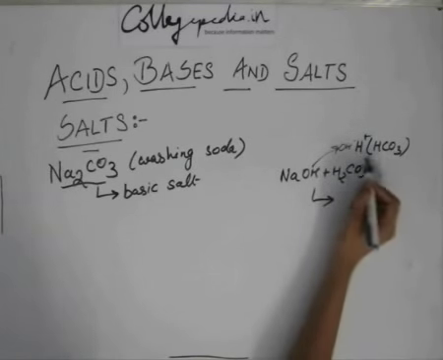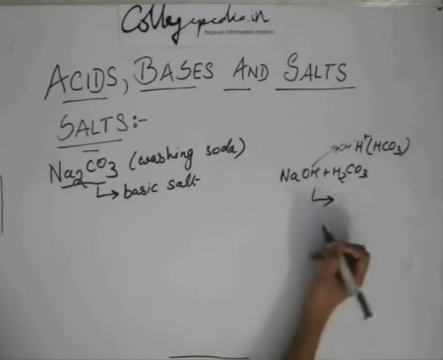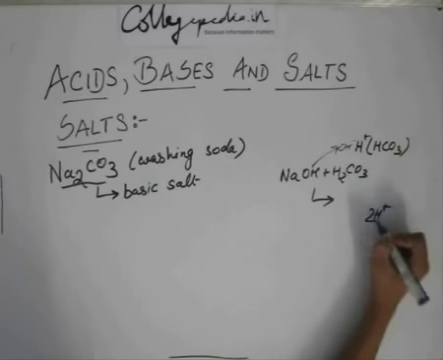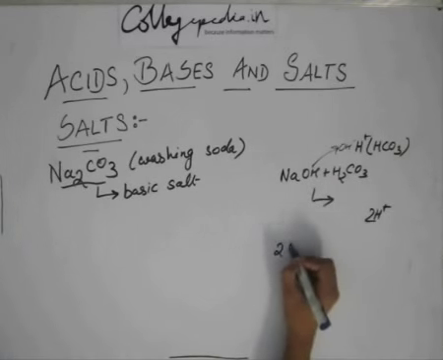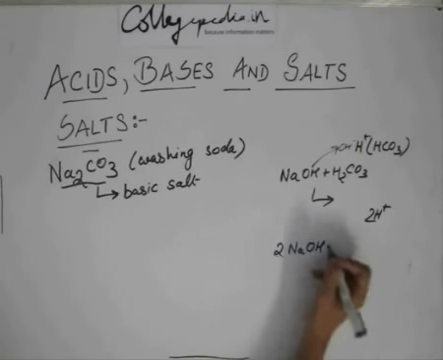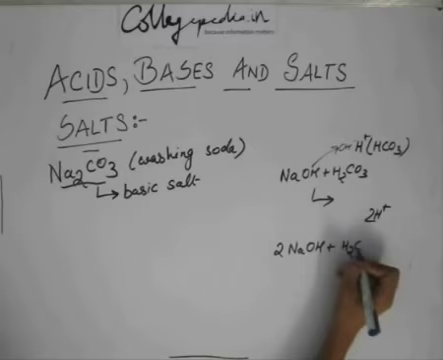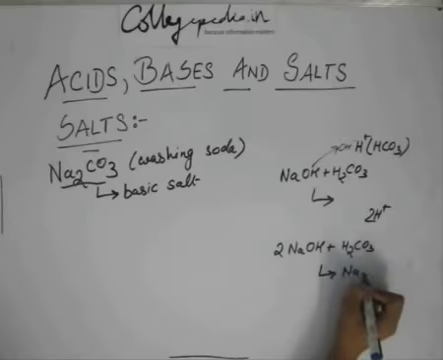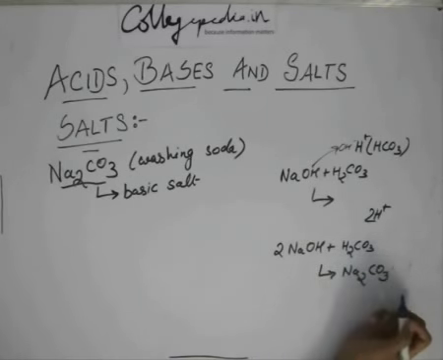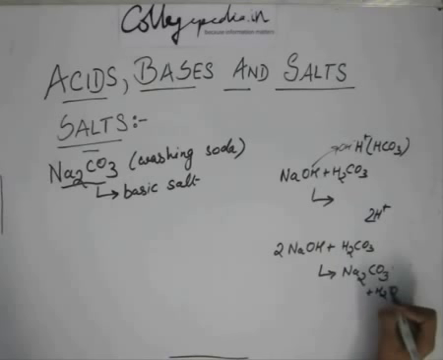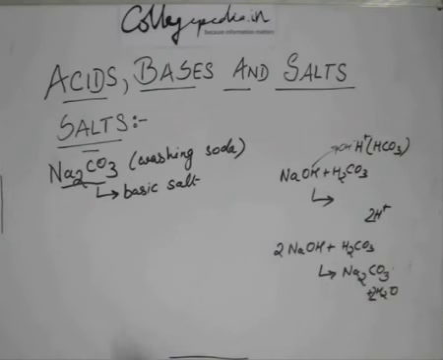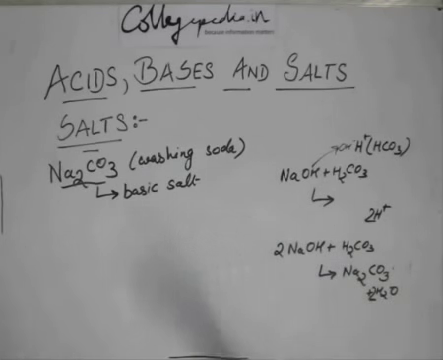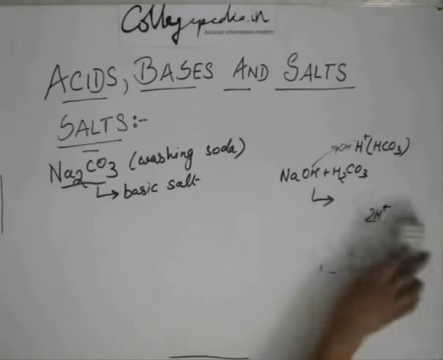But when H2CO3 gives out both H plus at once, we need 2 OH minus to satisfy, and both the H are gone and we get Na2CO3 and obviously 2H2O. So again, weak acid, strong base, hence it is a basic salt.